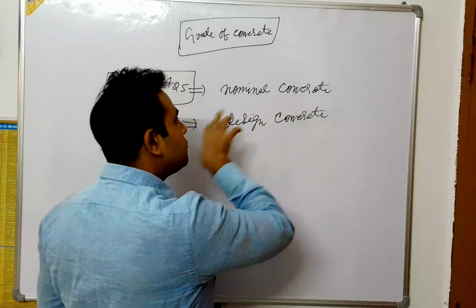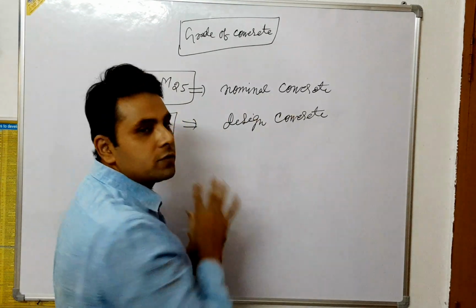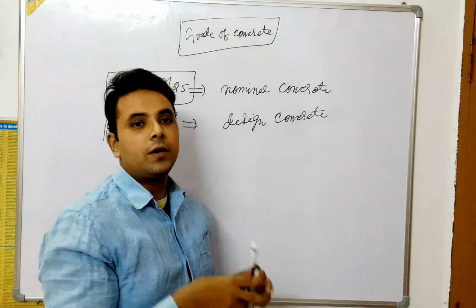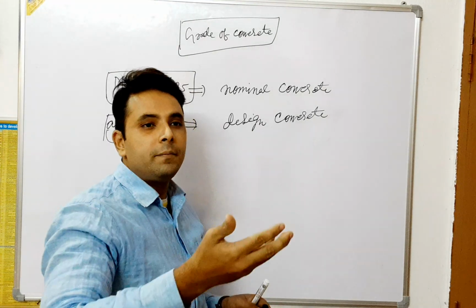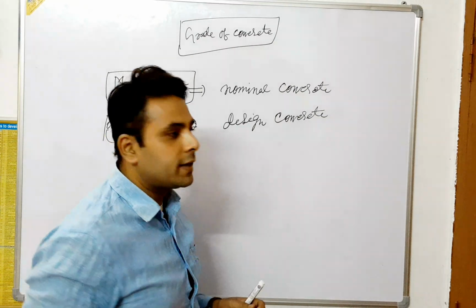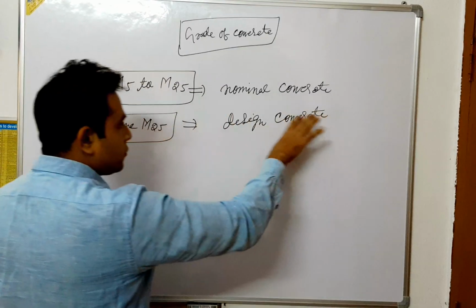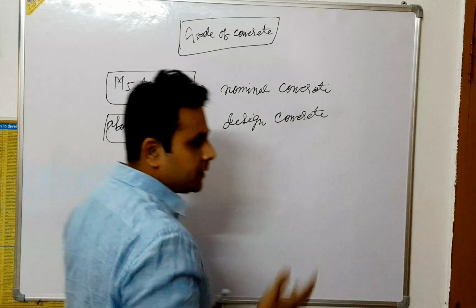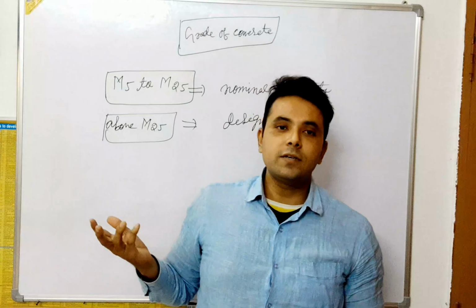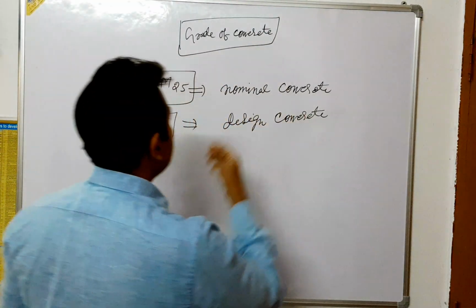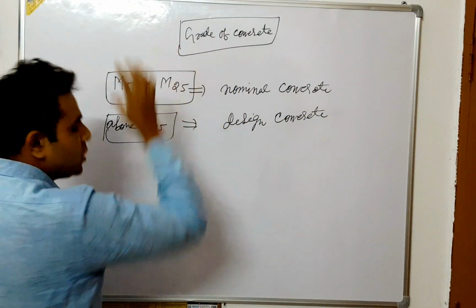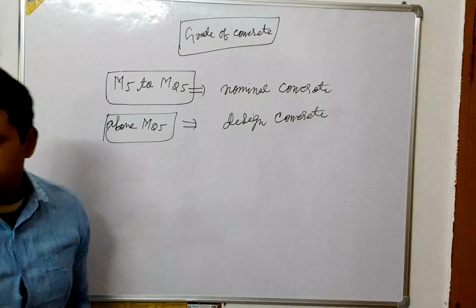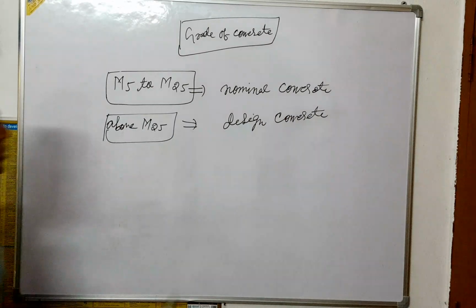We directly don't know the proportions of M40, M45, M100, M90, M95, like that. Clear? So the design of concrete process we will take in next lectures. Today we are going to discuss nominal concrete from M5 to M25. Clear? So let us start.